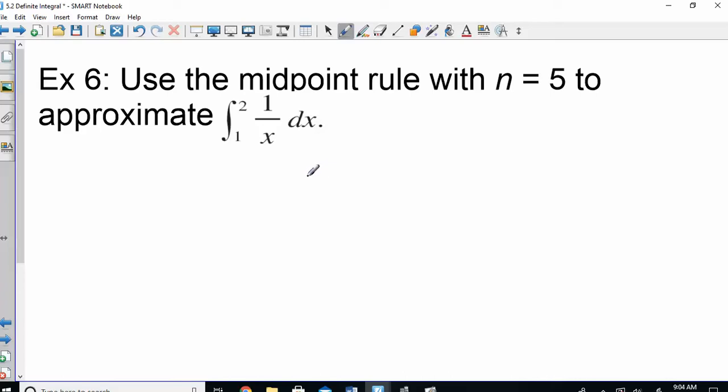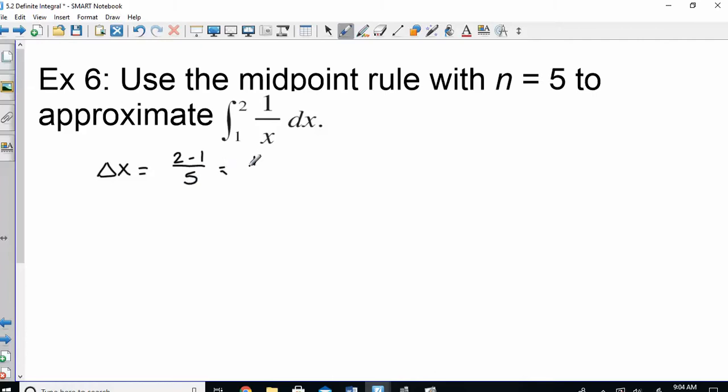Use the midpoint rule with n equals 5 to approximate the integral from 1 to 2 of 1 over x. Okay, so my midpoint, we have to still do the change in x and the x sub I. So my change in x would be 2 minus 1 over what? 5.